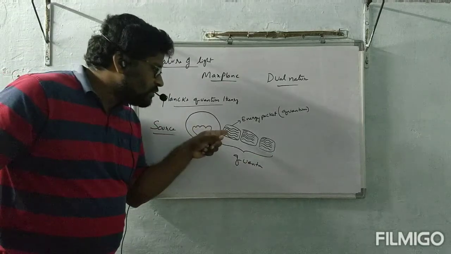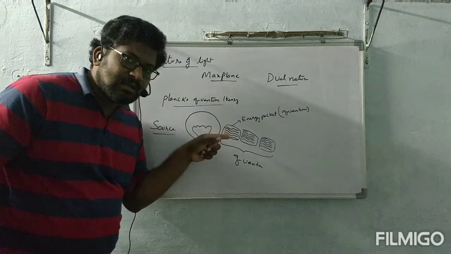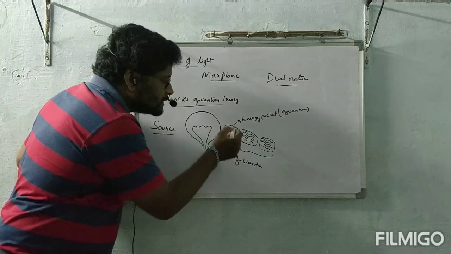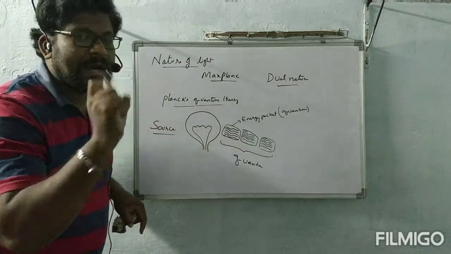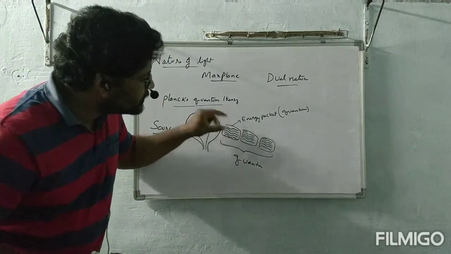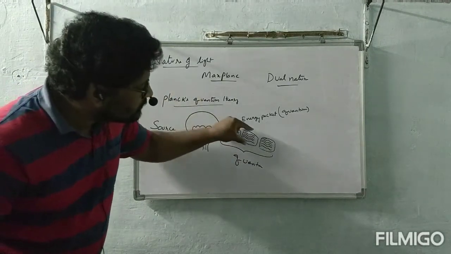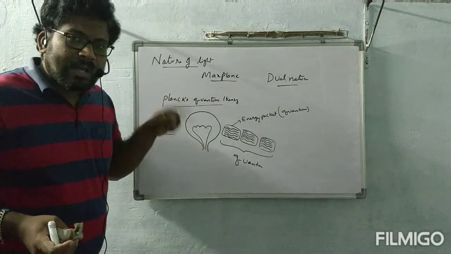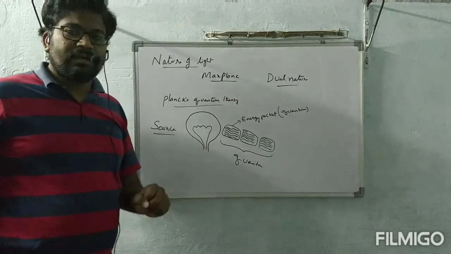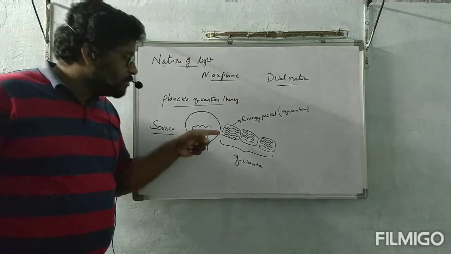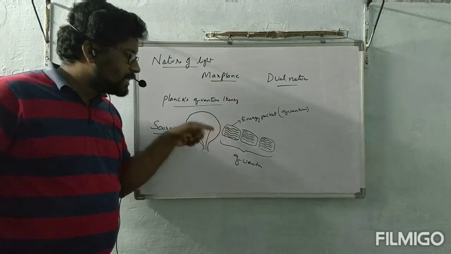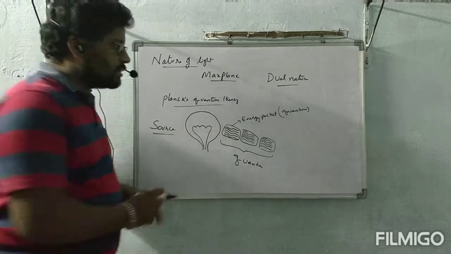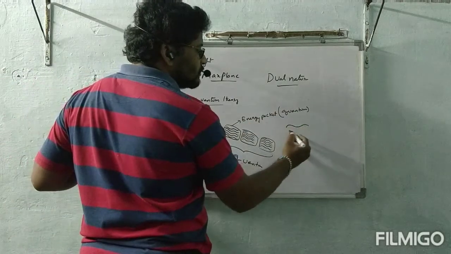Inside this one, if you observe, wave nature is there, and this total bundle is treated like one particle. So it succeeded in explaining the dual nature of light by considering both wave nature as well as particle nature.